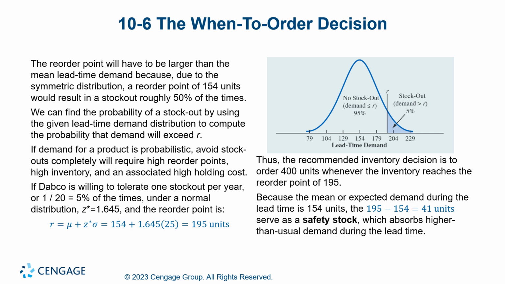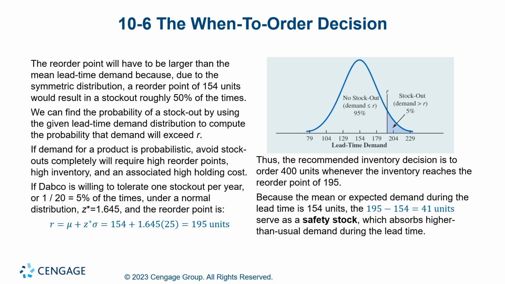The demand is less than a certain value of R, and we allow certain demand to be more than R. This 5% and 95% depends on domain knowledge, but I think 5% would be acceptable if only 5% of the time you'll have some shortages that reduce your cost, especially the opportunity cost. So given this distribution, now we can determine how the reorder point, or R, would affect the probability of a stockout.